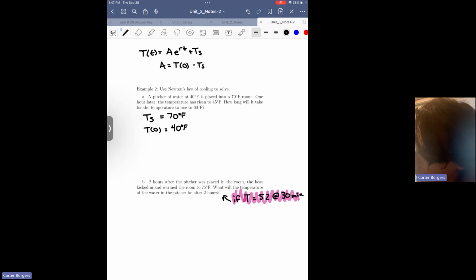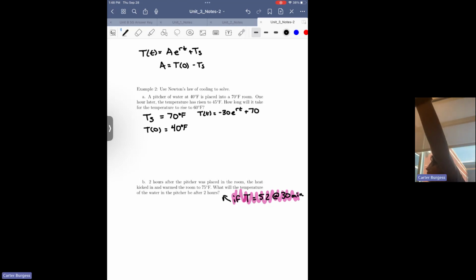And so what is our formula going to look like? Well, T of little t equal to, what is this value of A going to be? Negative 30. It's actually very important that we get the order right here. We do want this to be negative 30 times e to the RT, don't know what R is yet, plus 70.